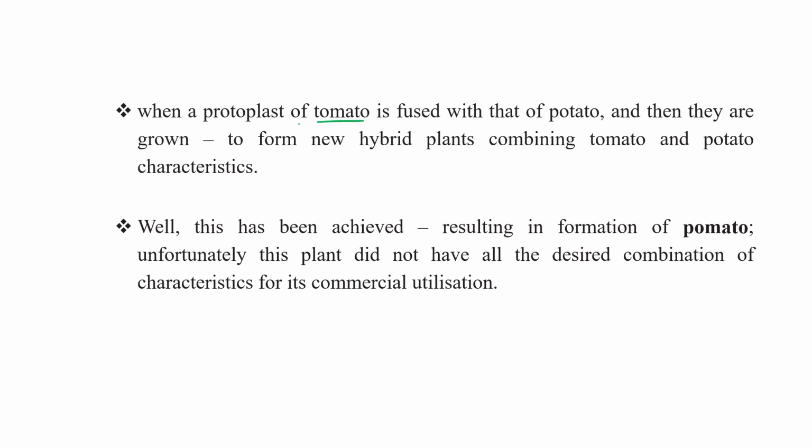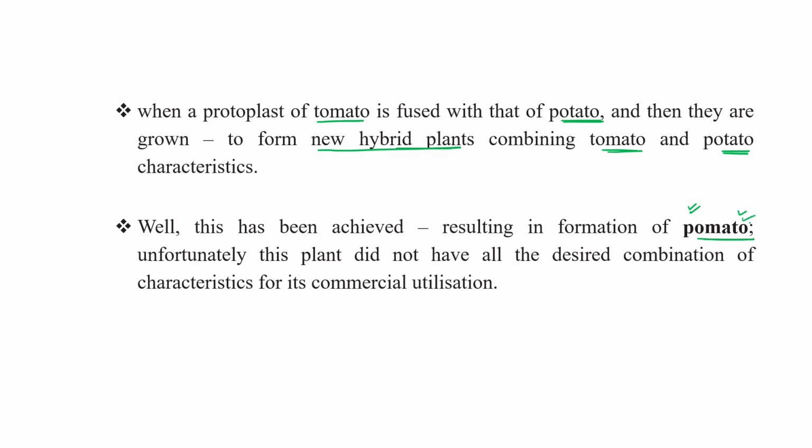Now, this is an example. If a protoplast of tomato is fused with the protoplast of potato, then what will happen? A new hybrid plant has been developed, which is having characteristics of both tomato and potato. This type of new hybrid plant was also developed by scientists, and it is known as pomato. Means this pomato is having characteristics of potato as well as tomato.